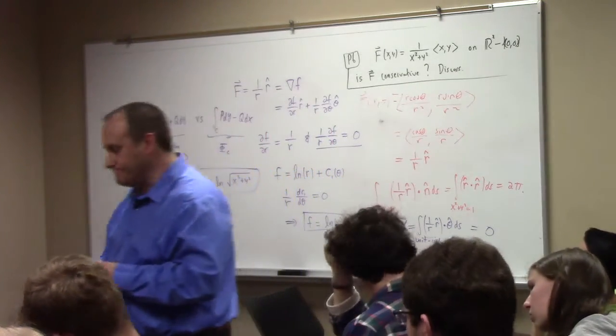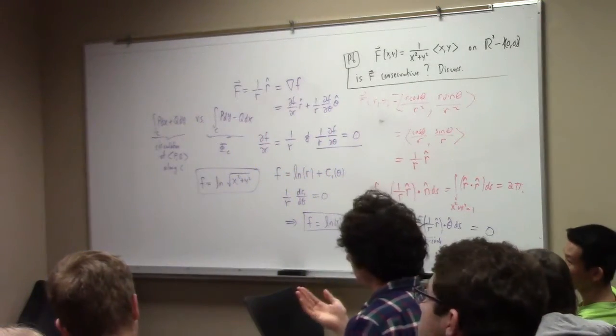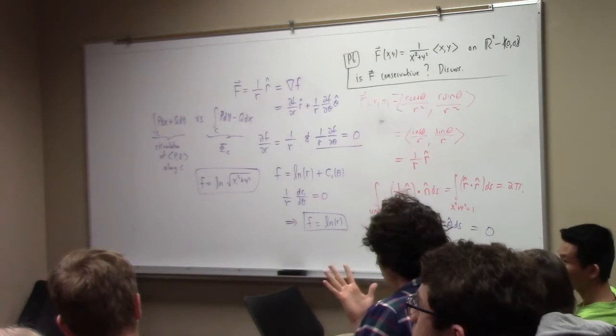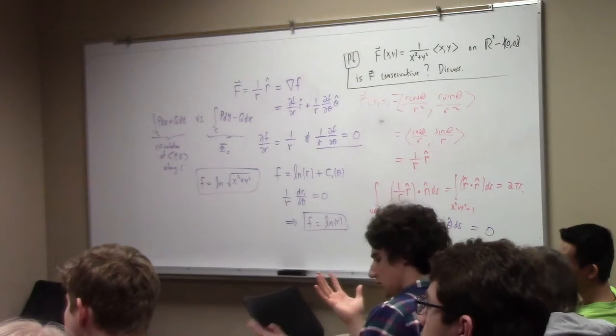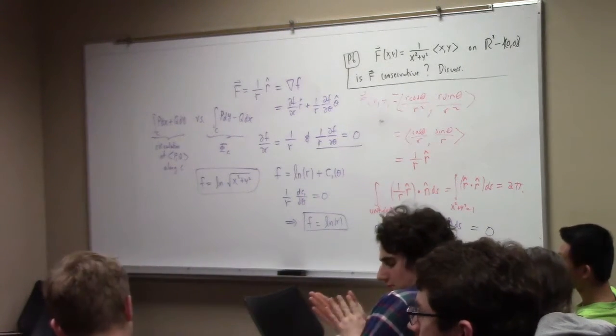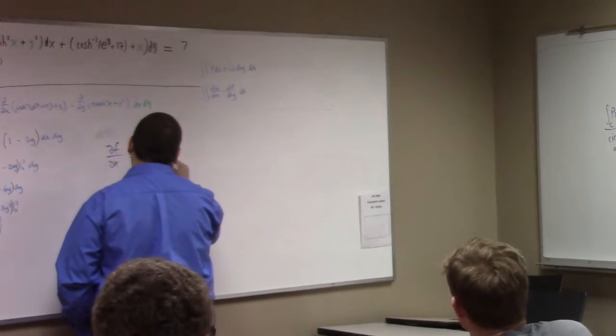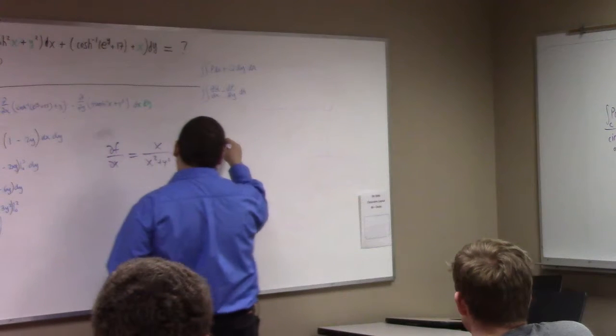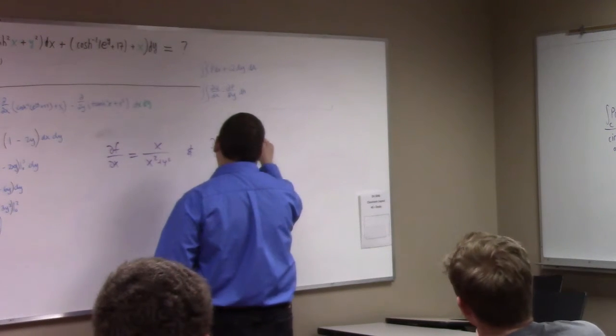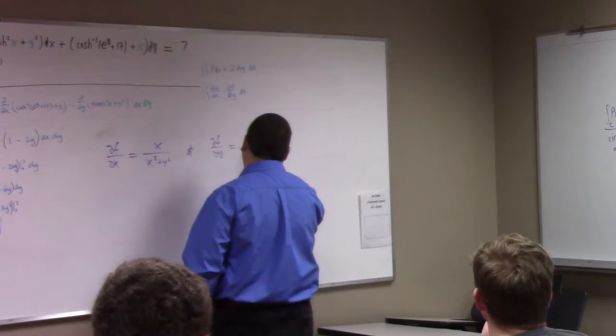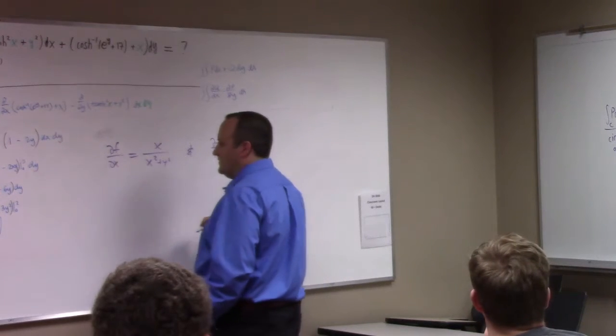What if we didn't convert this to polar? Is there a way to get that? Yeah, I think if you were to solve partial f partial x equal to x over x squared plus y squared, and partial f partial y equal to y over x squared plus y squared, you should have a shot at that.